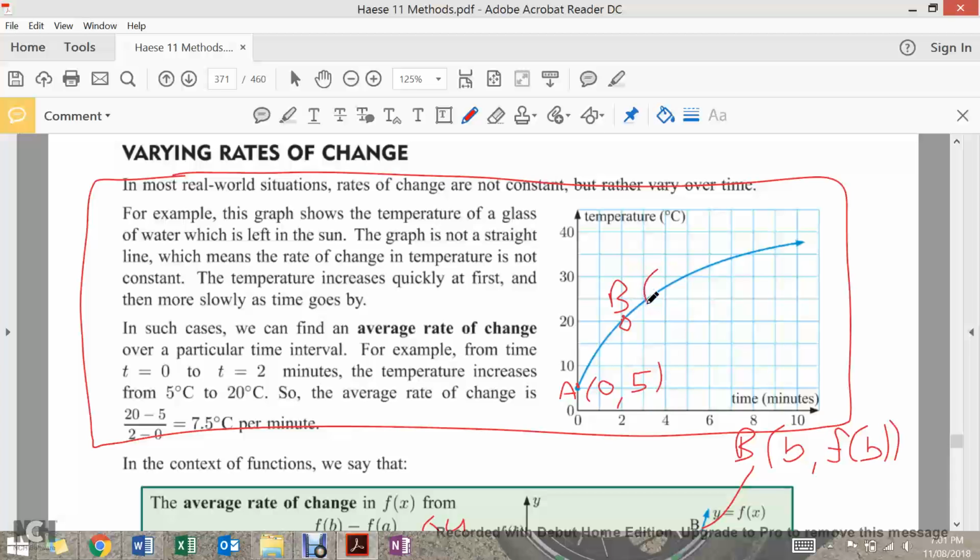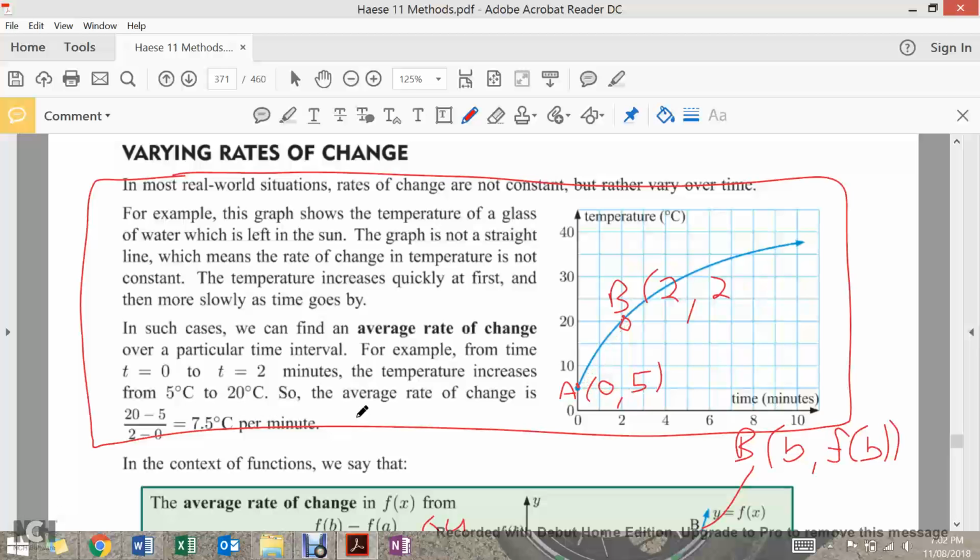Point B is going to be 2 for the x, and we can read this straight off the graph, 20 for y. What we can then do is get the gradient, or the slope, of the line between A and B, and that is the y step, 20 take away 5, divided by the x step, 2 take 0. 20 take 5 divided by 2 take 0 will give us 7.5 degrees Celsius per minute.